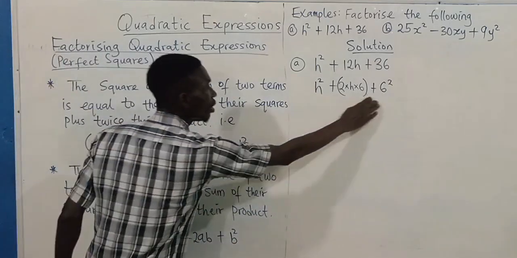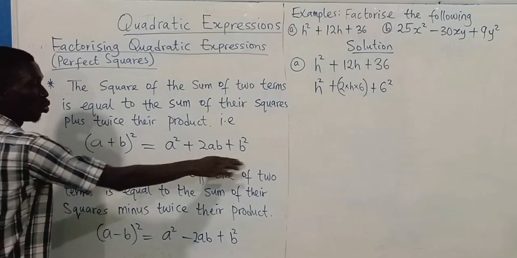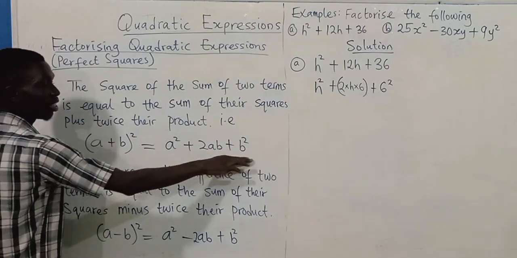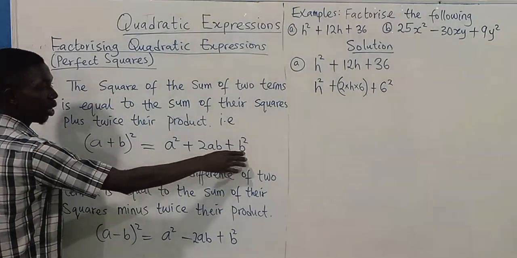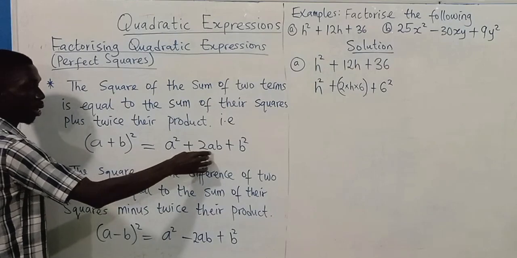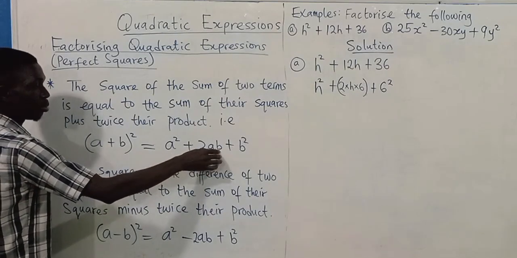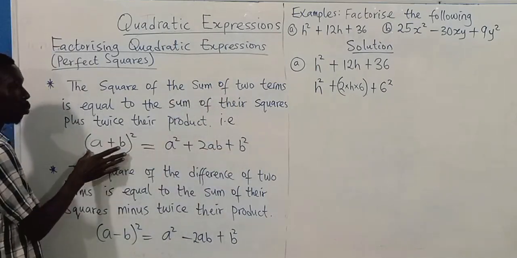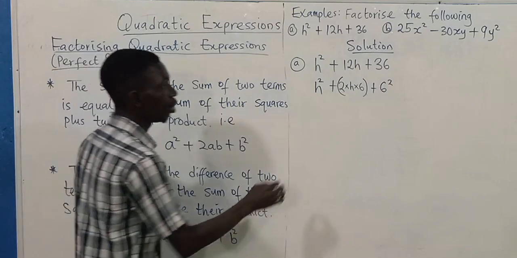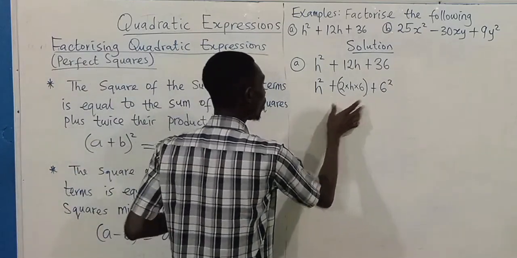So this is satisfying this first rule. A squared, B squared, then 2 times A times B. So the factor would look like this.